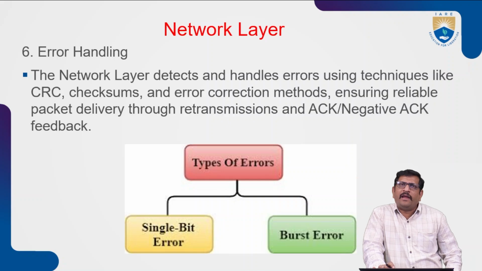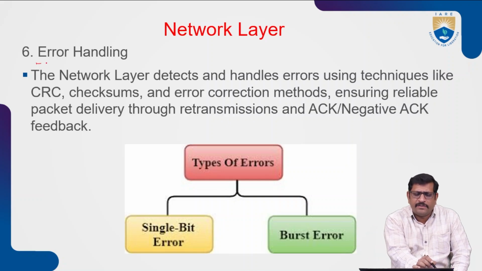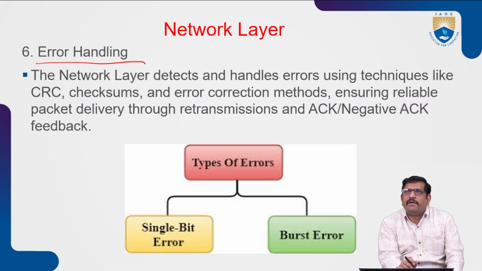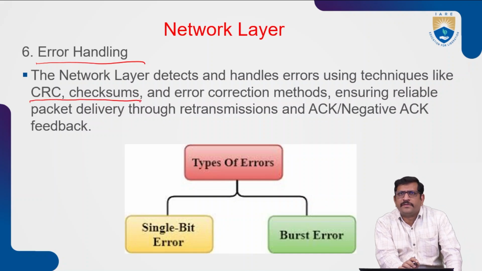Here is error handling. Errors can arise in many situations while communicating data between two devices. The network layer detects and handles errors using CRC, the cyclic redundancy check, and checksum techniques.